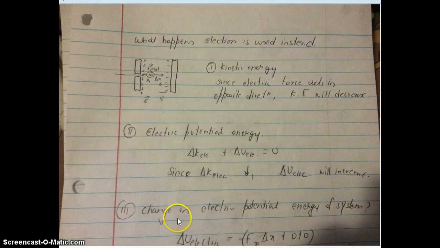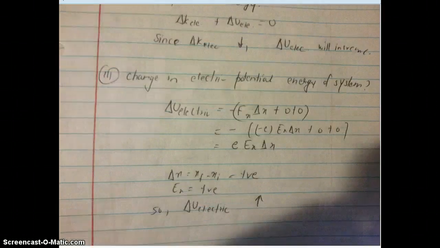And the last question is, what is the change in electric potential energy of the system? As previously, delta U electric equals negative Fx delta x, and the other components are considered to be 0, and putting in the respective values, it comes to be Ex and delta x.